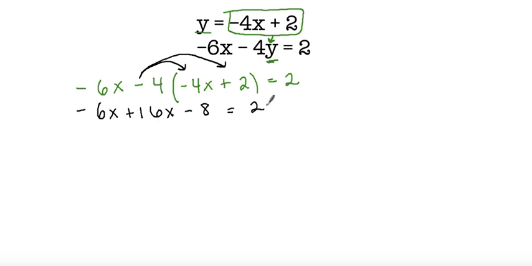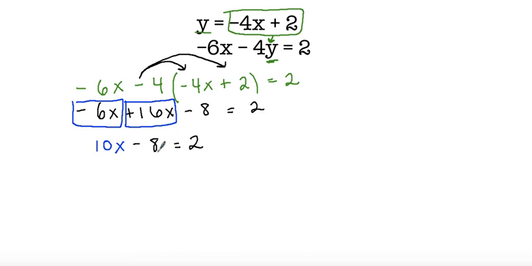So now, before we do anything, we're going to combine our like terms and then solve for x. So here we have negative 6x plus 16x. These two are like terms. So negative 6x and positive 16x, if we combine those, we get 10x minus 8 is equal to 2.